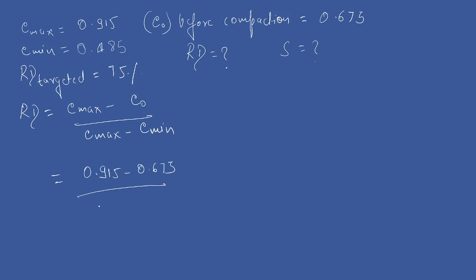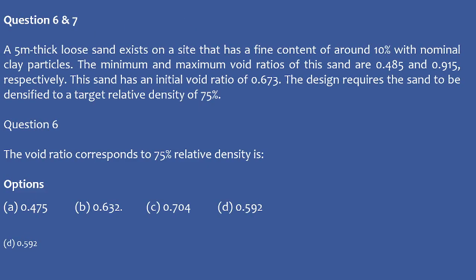E max is 0.915 again, minus E minimum 0.485. So the relative density is 0.562.